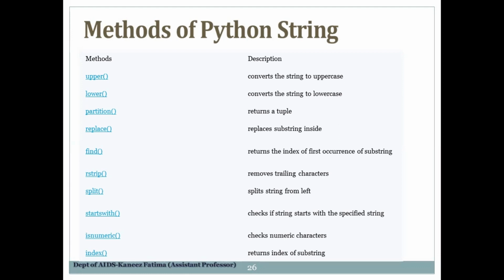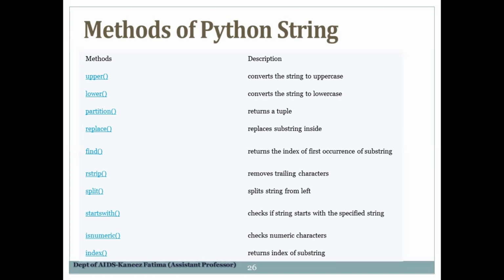Rstrip removes trailing characters, and split splits the string starting from the left. Startswith checks if the string starts with a specified string. isnumeric checks whether it is numeric or characters. Index returns the index of a substring. So these are some methods of Python strings. You can implement them with a small variable.